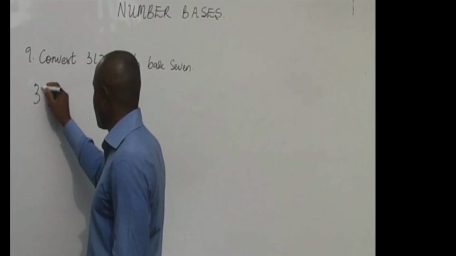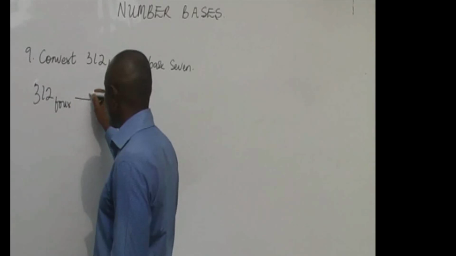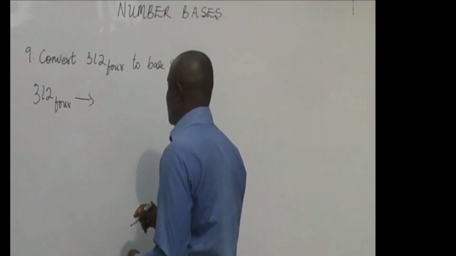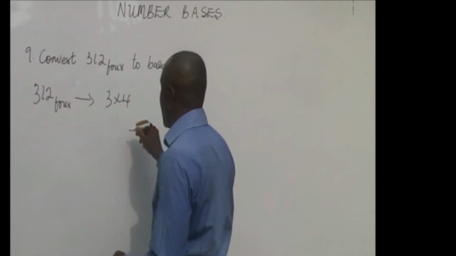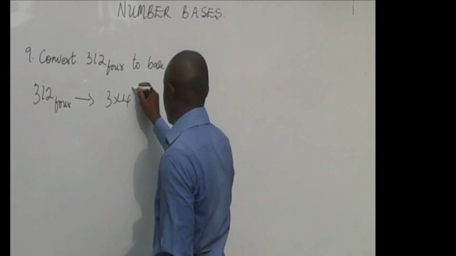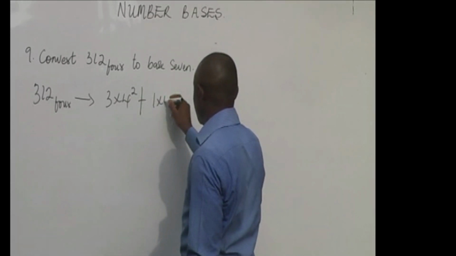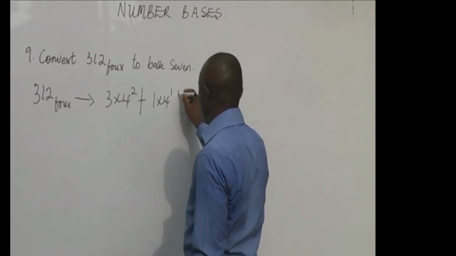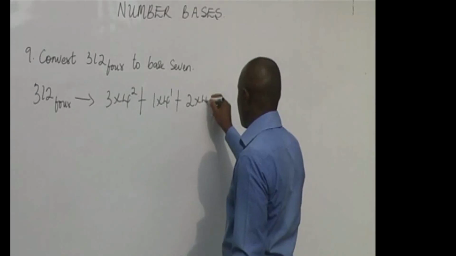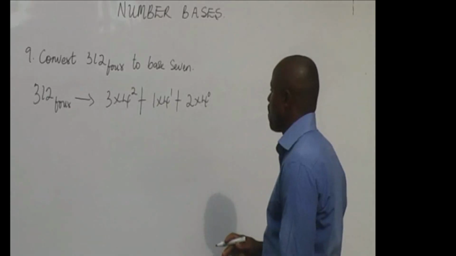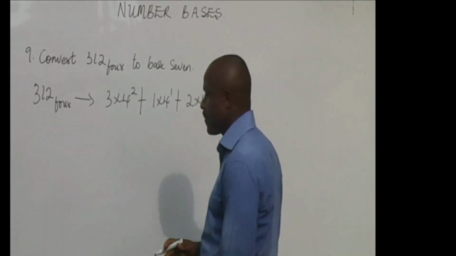So we have 3, 1, 2 base 4. Converting it to base 10 takes this process: 3 times 4 exponent 2, plus 1 times 4 exponent 1, plus 2 times 4 exponent 0. 4 exponent 2 is 4 times 4, which is 16.